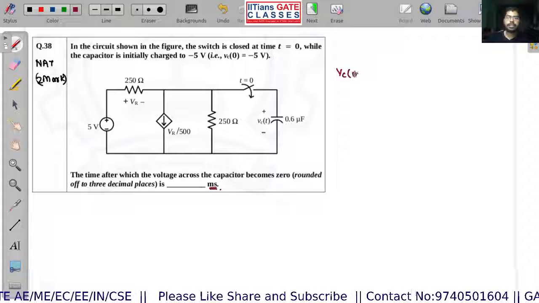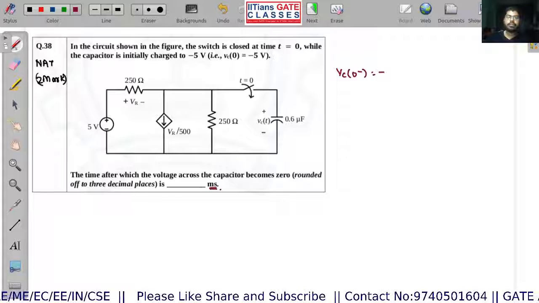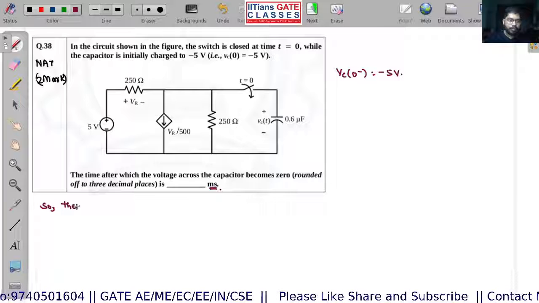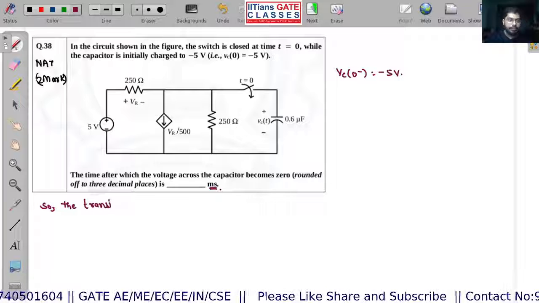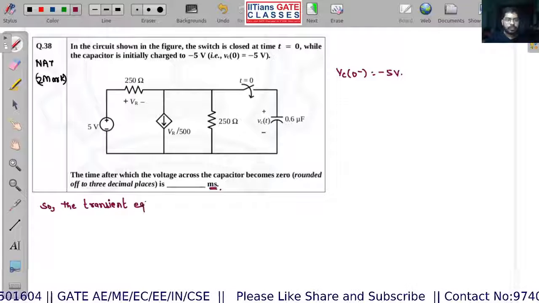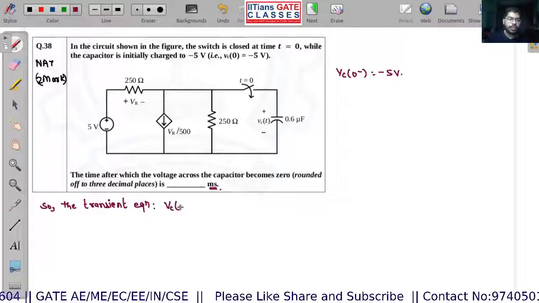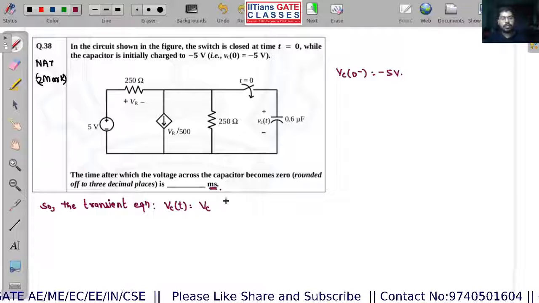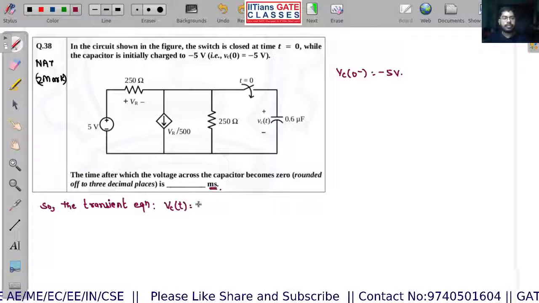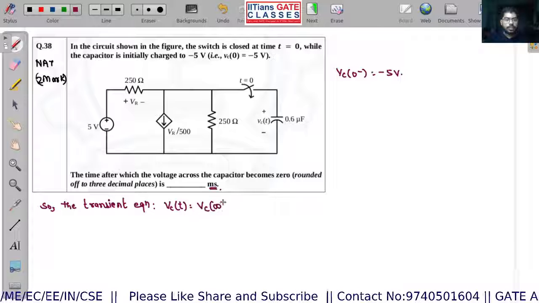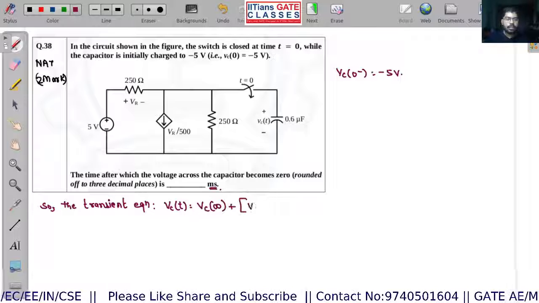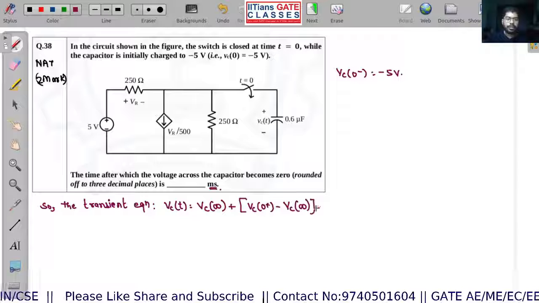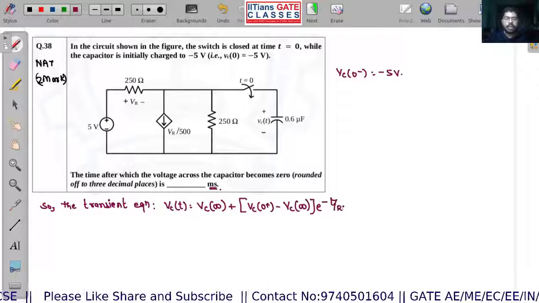It is given Vc 0 minus is equal to minus 5 volt. So the transient equation for the capacitor voltage is Vc(t) is equal to Vc infinite plus Vc 0 plus minus Vc infinite times e to the power minus t by RC.